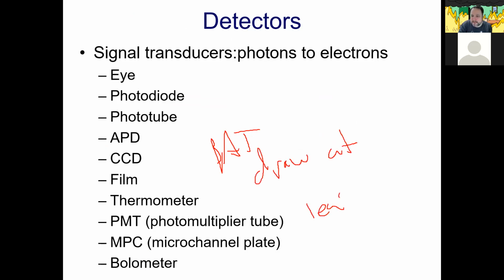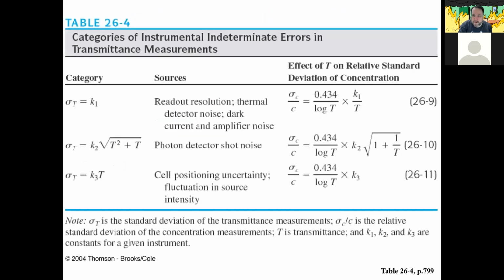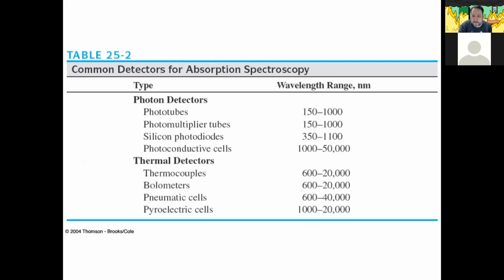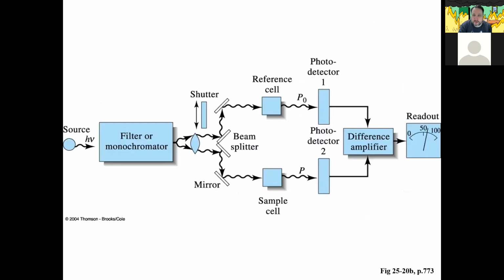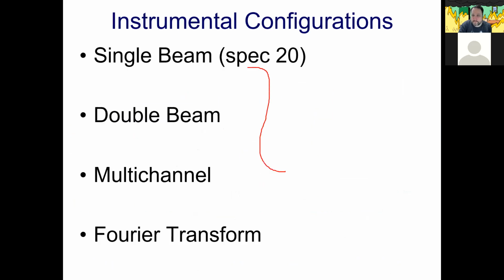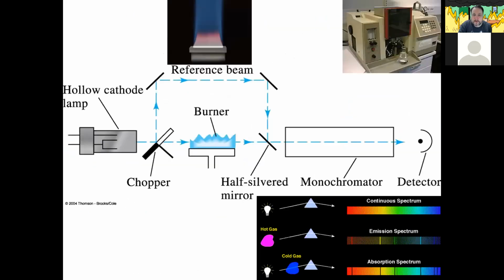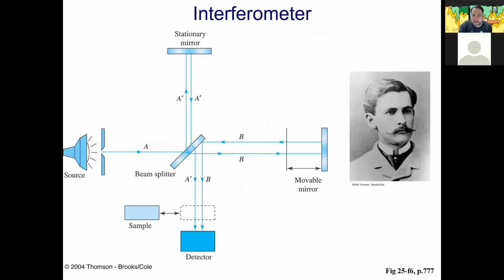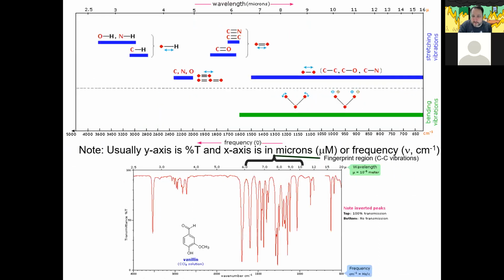Be able to draw at least one. Be able to draw and compare. Interferometer was the thing with that, and I would know that.